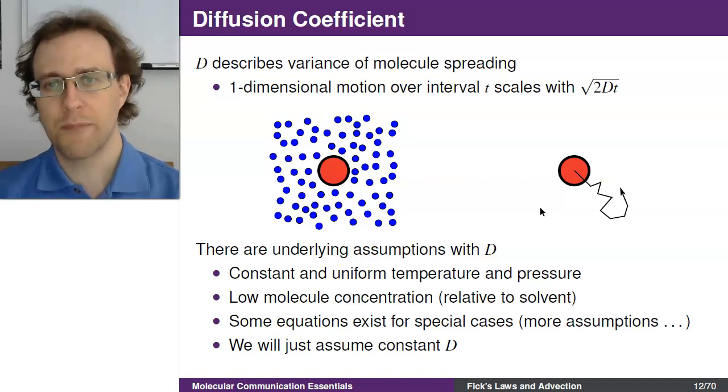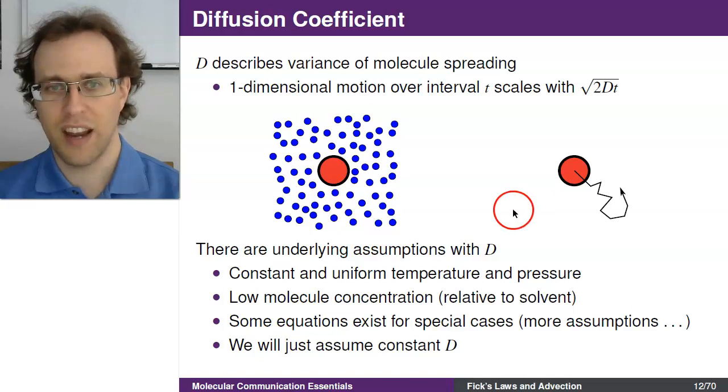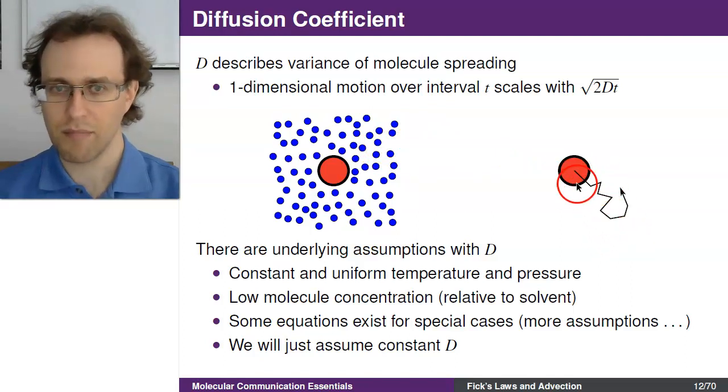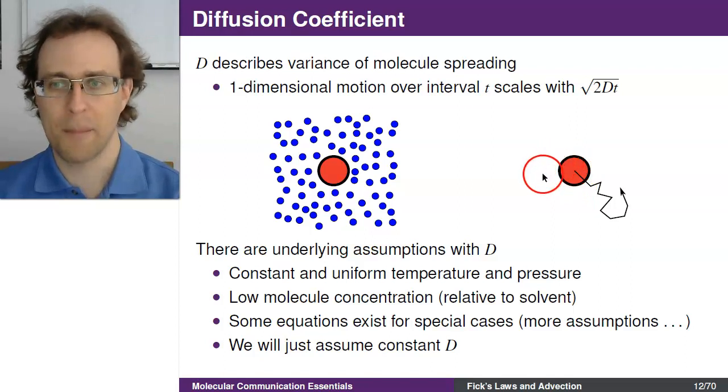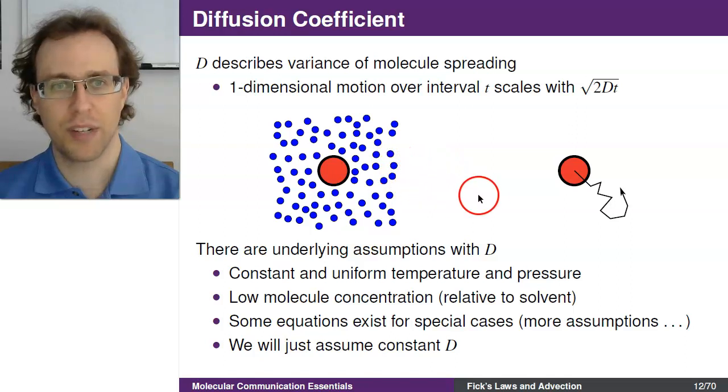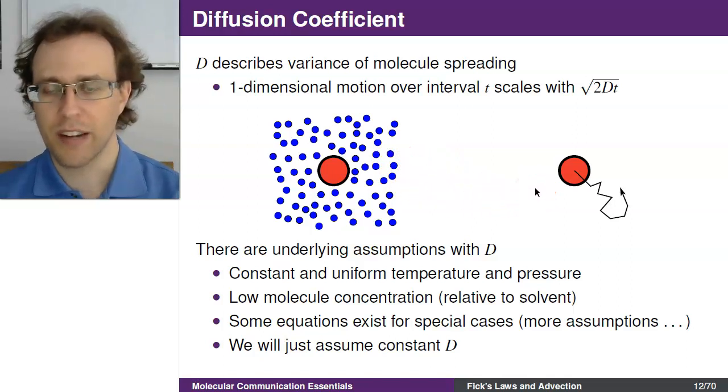If we knew the position and orientation and kinetics of every individual solvent molecule, then it would be possible to derive what the trajectory of this larger molecule of interest would be. However, in practice, we don't have this kind of information, so we effectively treat it as a random effect.